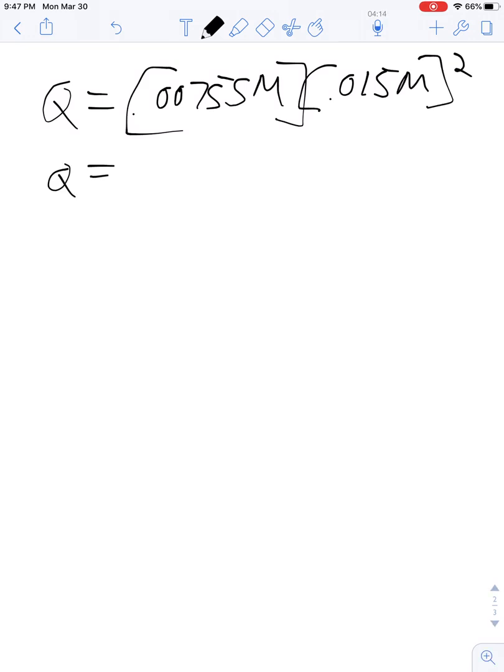Calculate Q. And I get 1.72 times 10 to the negative 6th.